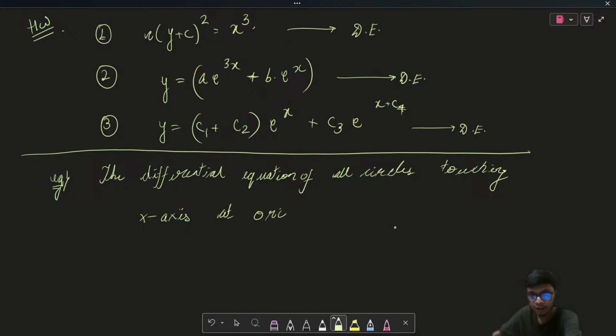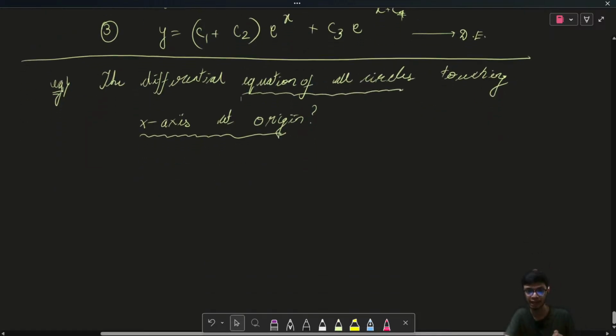Okay, so they are not giving you the family of curves directly, whereas they are asking you to first derive the equation of the family of curves. So it is asking you to write the differential equation of all circles which touch the x-axis at the origin, right? So let us see how you will be tackling this kind of question.